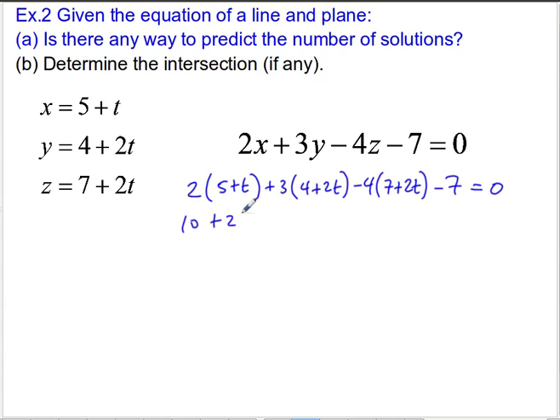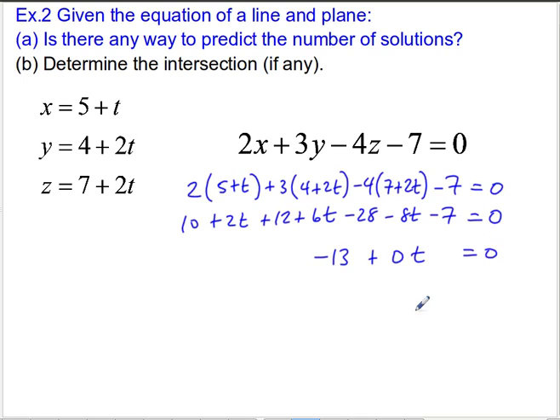So 10 plus 2t plus 12 plus 6t minus 28 minus 8t minus 7 equals 0. 10 plus 12 is 22, minus 28 is negative 6, minus 7 is negative 13. 2t plus 6t is 8t, minus 8t is 0t.